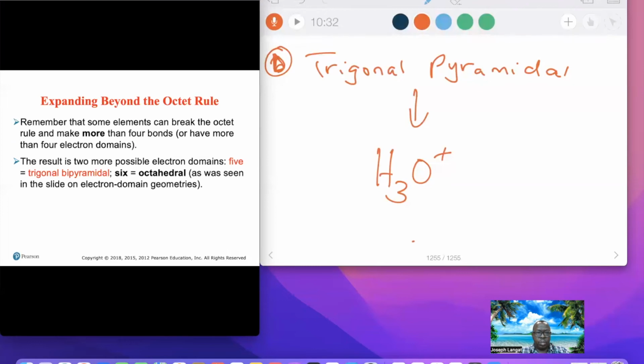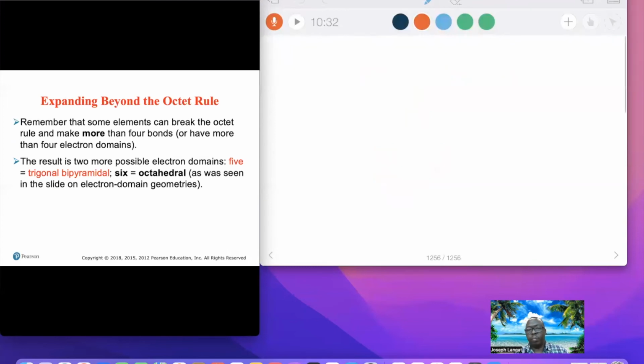This leads us to looking at the other 2 domains based on the expanded octet rule, expanding beyond the octet rule. What does this mean? Some elements on row 3 of the periodic table, period 3 and below, have an expanded octet because of the d sublevel, which can take up to 10 electrons.